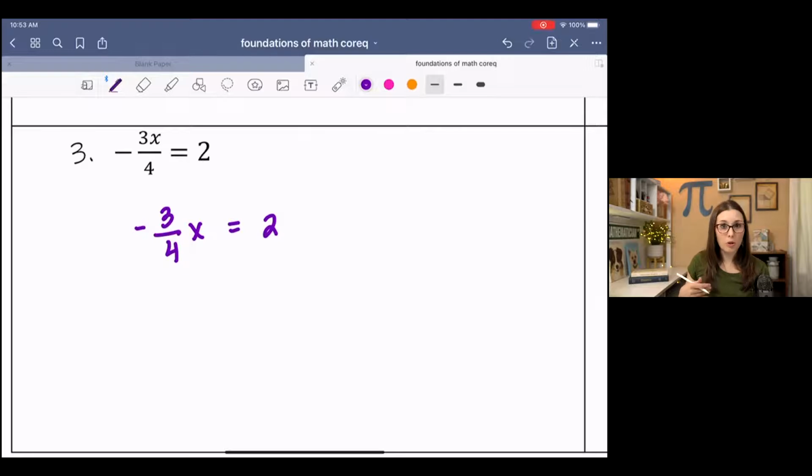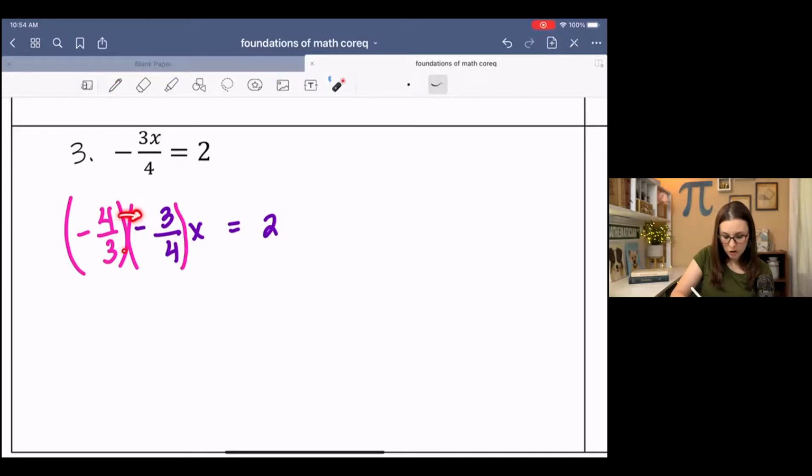The reciprocal of -3/4, all you have to do is flip the fraction, keep the sign, and now we have 12/12, which is 1. So remember, when you multiply fractions, you multiply straight across. 12/12 is 1. 1 is the identity for multiplicative inverses. And that's just, it doesn't go away, but it would be a 1x, and we just write x.